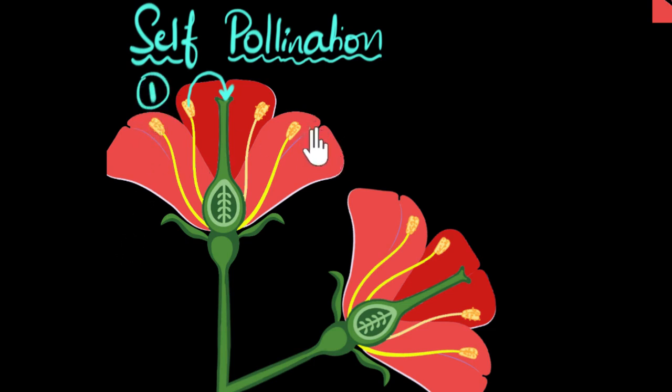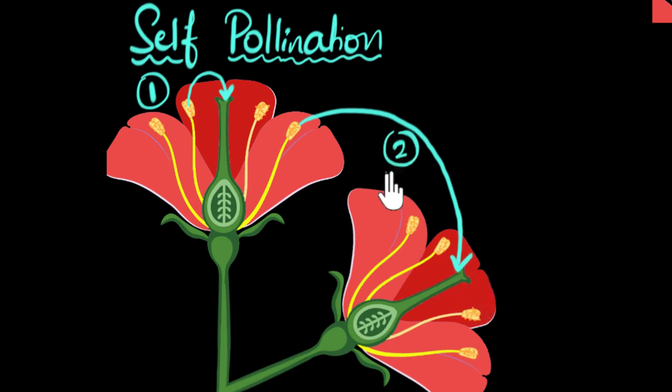But even if you have pollen grains transferred from the anther to the stigma of a different flower belonging to the same plant, I'll call this number 2, this is also self-pollination. Why? Because still the pollen grains are being transferred within the same plant. The plant is still pollinating itself. That's the whole idea behind self-pollination, okay? So these are examples of self-pollination.